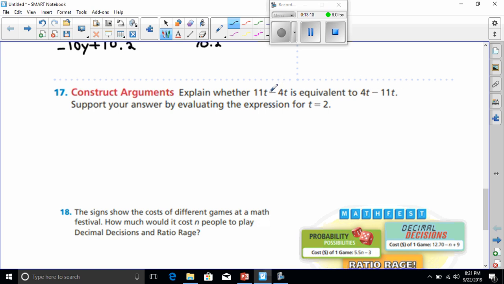But over here, I have the negative in front of 4t. So that's going to give me completely different answers, but right now I'm going to state, because it says explain whether they are equivalent, they are not equivalent.